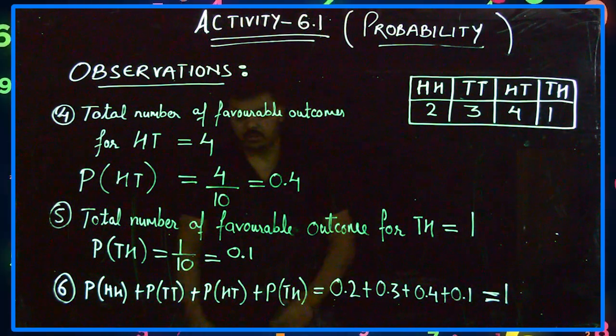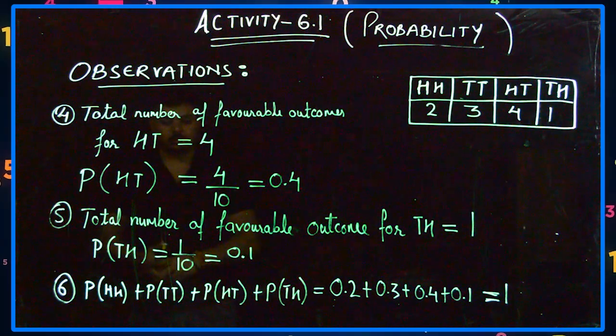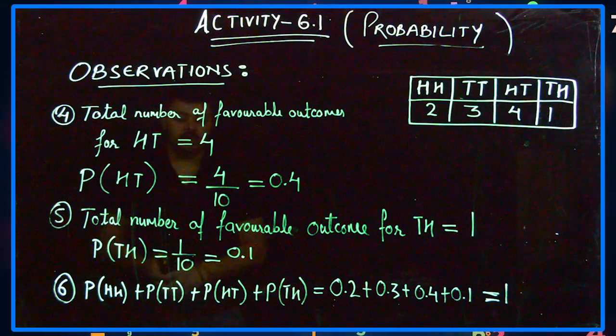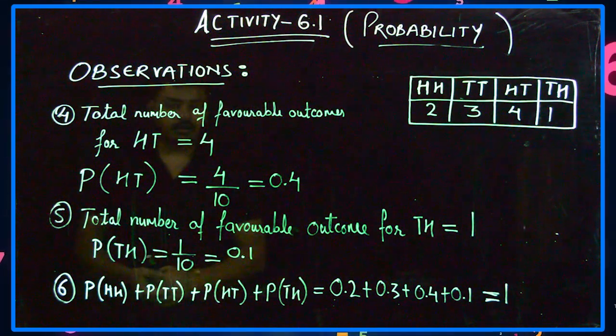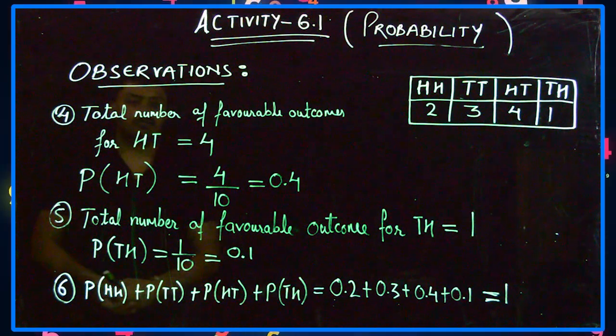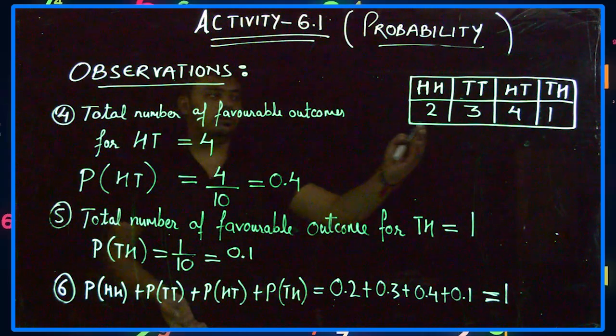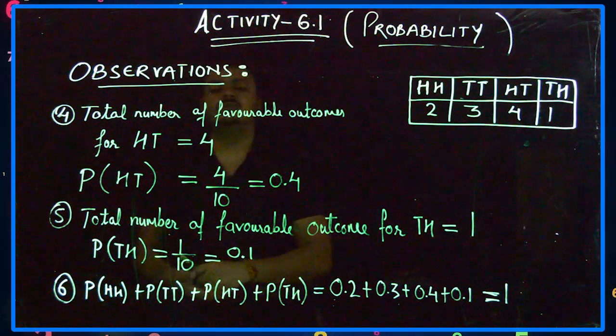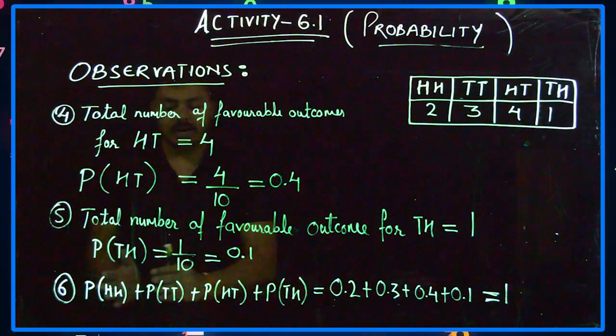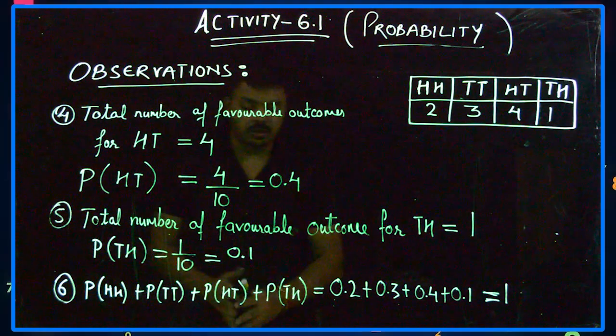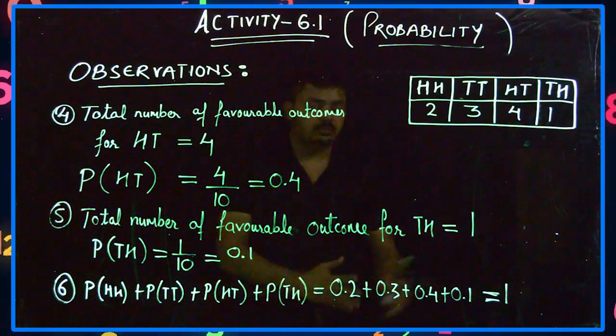The sum of all the possible or favorable outcomes is equal to 1 and the total number of outcomes is 10. When we add all the favorable outcomes, it becomes equal to the total number of outcomes. When we add the probability of all the favorable outcomes, it equals 1.